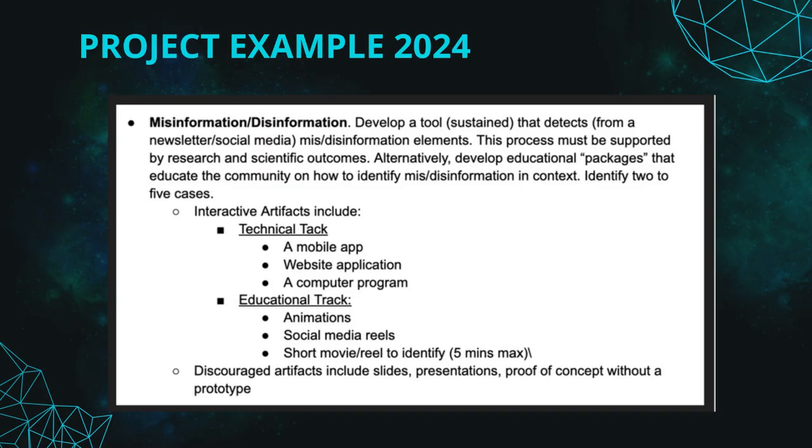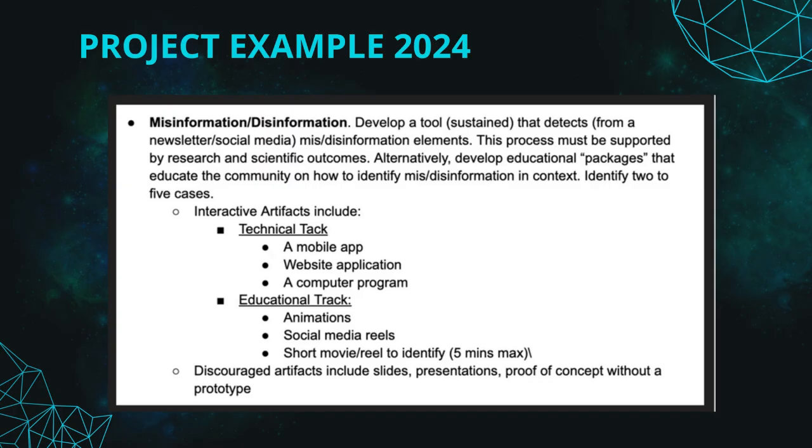Here is an example of a project from last year. We have different themes or tracks, and here I put one of the examples that we did last time: misinformation and disinformation. We asked the students to develop a tool that detects misinformation or disinformation elements from a newsletter, social media, and so on.